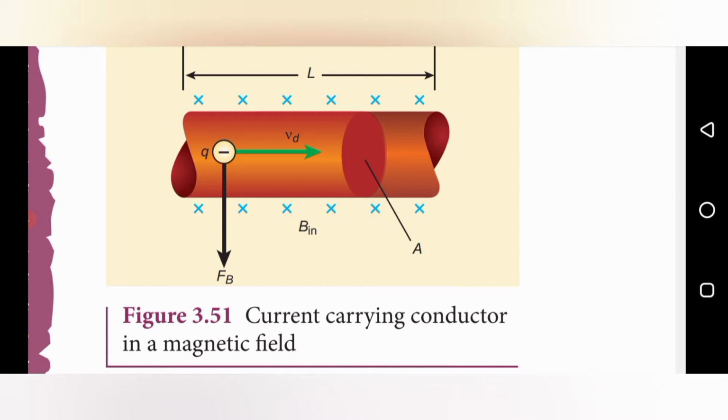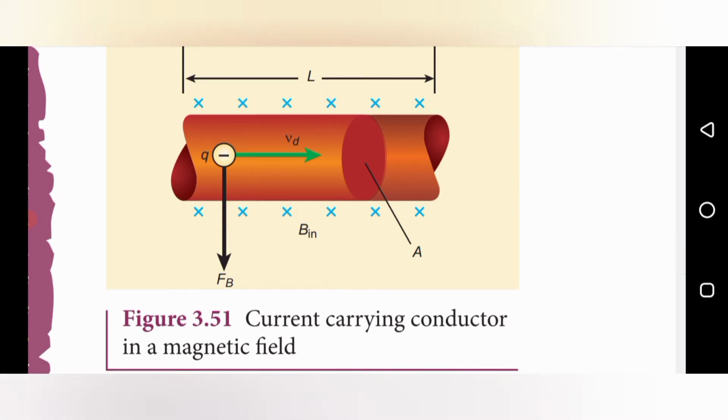So now we have to find the force value. Let's see what parameters are involved in this. Let l be the total length of the conductor, and we take only a small element of length, dl.